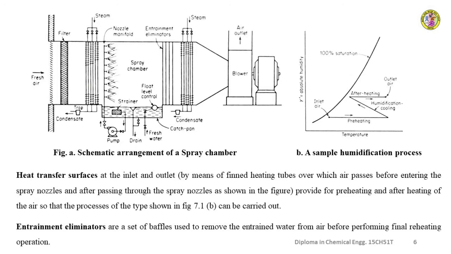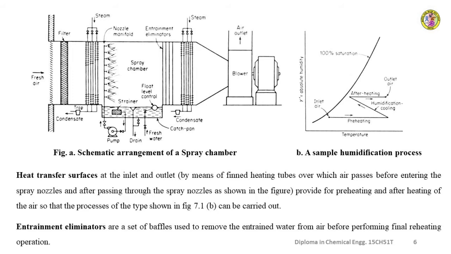The spray chamber, apart from the spray nozzles, also consists of a bottom reservoir where the water is collected after contacting with the air. From there it is recirculated back to spray nozzles by means of a pump. So you have a circulating pump at the bottom.